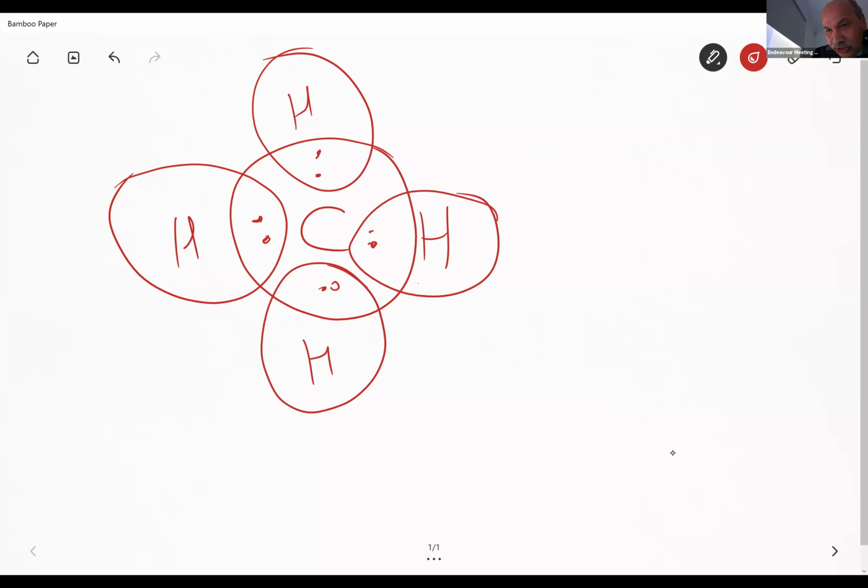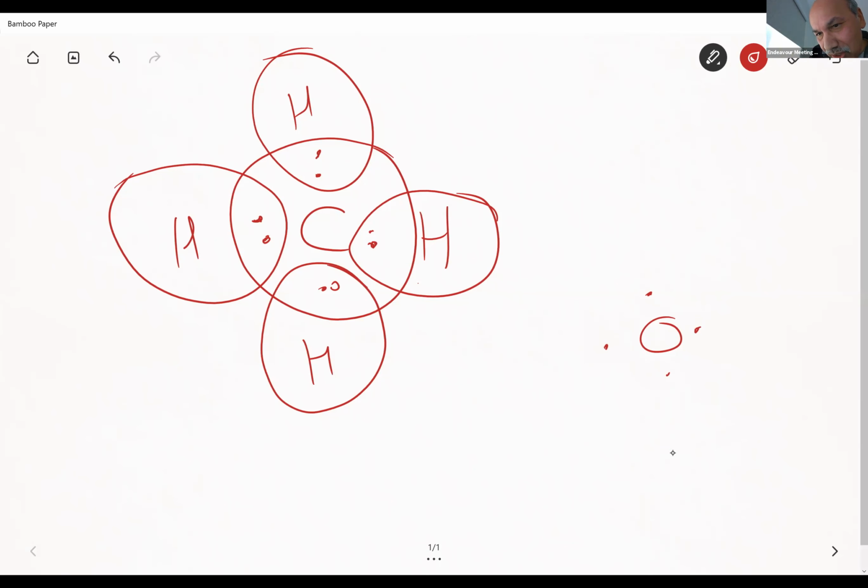Now let's look at oxygen. Oxygen is in group 6. So how many electrons now?